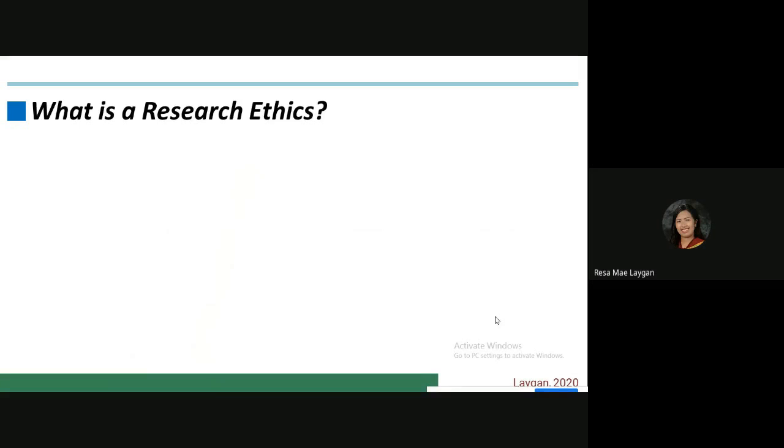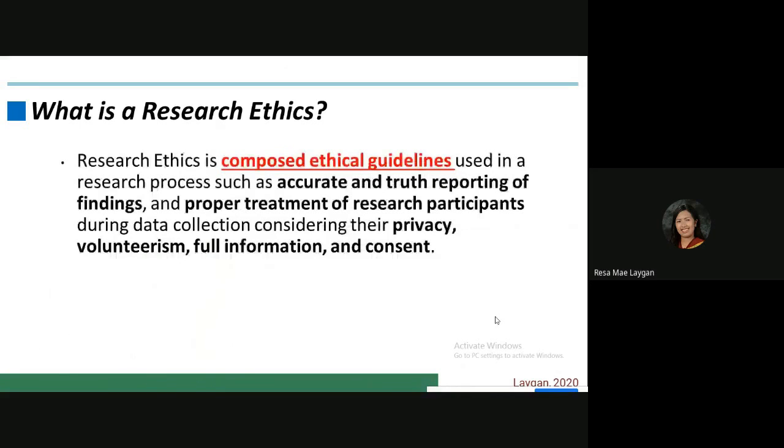So, what is research ethics? Research ethics is composed of ethical guidelines used in a research process, such as accurate and truthful reporting of findings. You have to ensure that your findings are free of bias, and your results should be reported honestly.